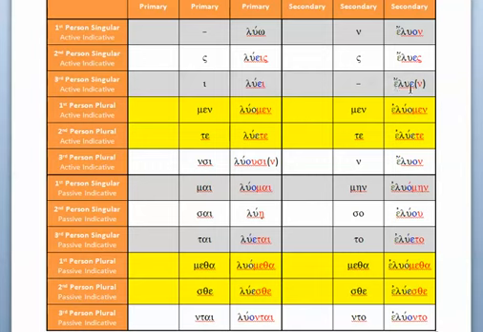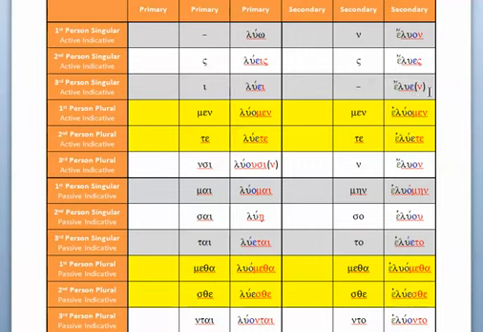You've got an augment, you've got an epsilon nu. It can only be third singular because technically the only reason this is an epsilon is because there's technically no ending. And then they're just tacking on that movable nu. So hopefully that'll help you distinguish this third singular from the first singular and the third plural, which are the same, but both have an omicron as the connecting vowel, which is standard if it's before a nu.